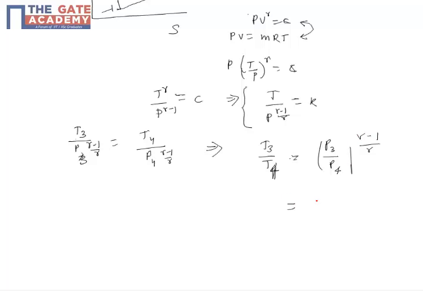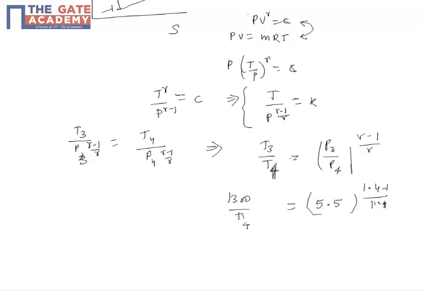So P3 by P4 is the compression ratio, which is nothing but 5.5, because 1 bar is P4 and P3 is 5.5. So 5.5, and specific heat ratio is 1.4, so 1.4 minus 1 by 1.4. And T3 is our 1300 Kelvin, by T4, which is what is asked.